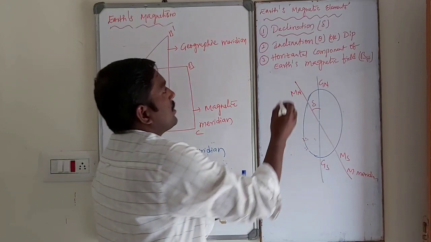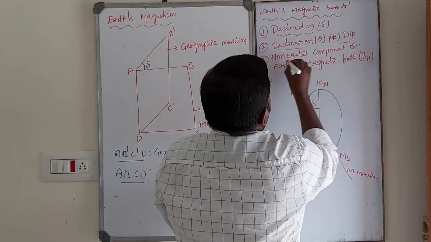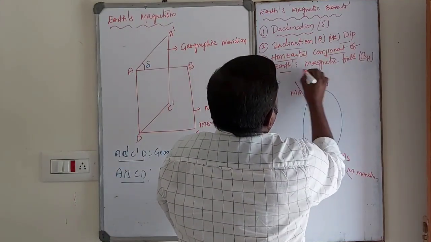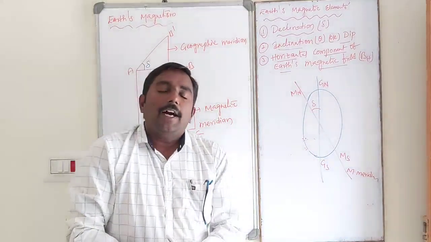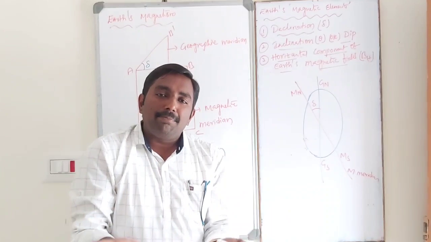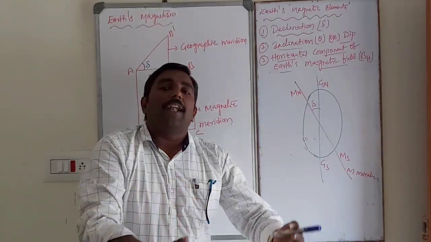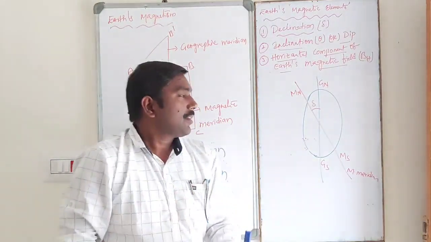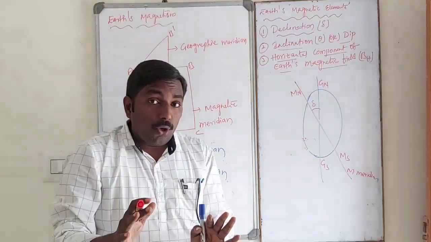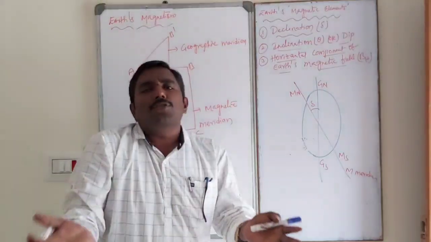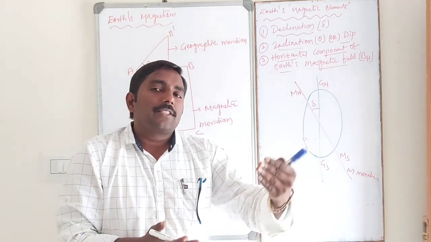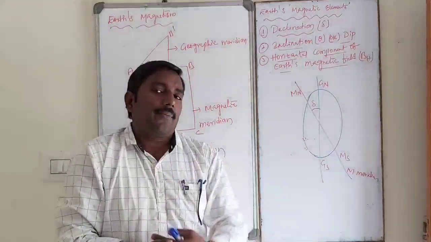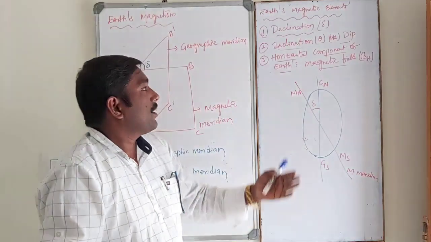See dear students, these 3 are magnetic elements, the elements which describe the Earth's magnetic field at different locations. Already we know Earth's magnetic field varies from place to place. Near Chennai, the Earth's magnetic field is of the order of 10 power minus 4 Tesla, though it varies from place to place.